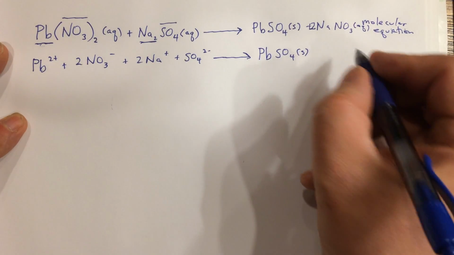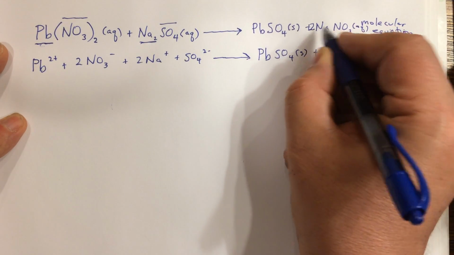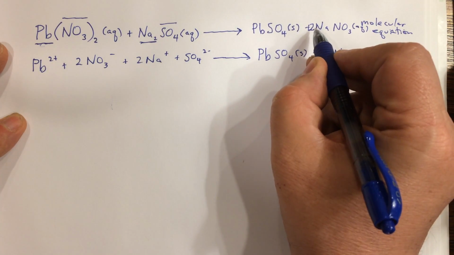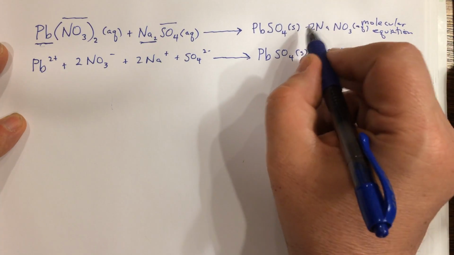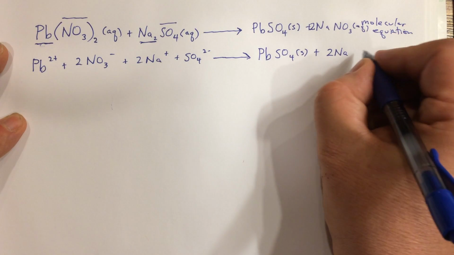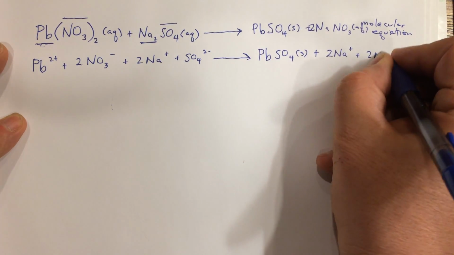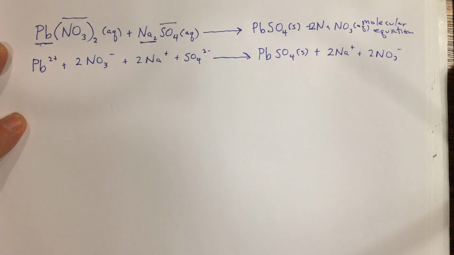This is aqueous, so we're going to break it apart. We're going to have 2 sodiums. And this is 2 molecules of sodium nitrate. So there's 2 sodiums and 2 nitrates. So sodium was, remember, +1, and then 2 nitrates is -1.